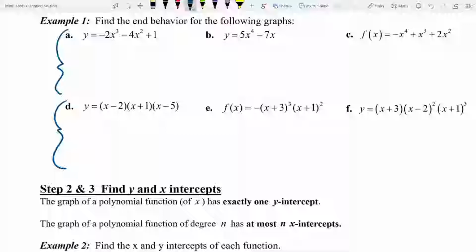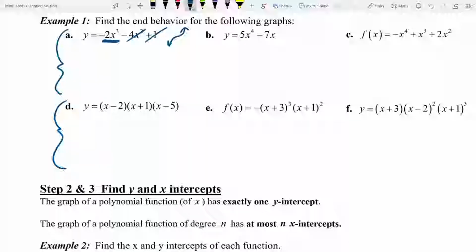Okay, so let's talk about A. So do you see how that term right there has the biggest exponent? Okay, so the x to the second and the 1, they affect the graph, but they don't dominate the graph. The biggest exponent dominates the graph. Okay, so it's a cubic. So everybody draw a cubic like that.